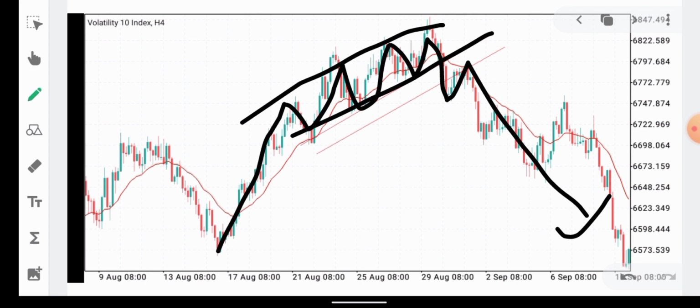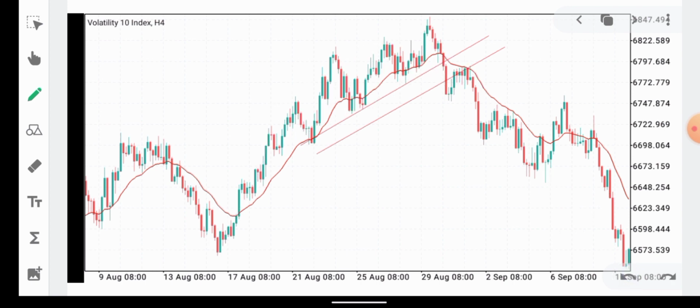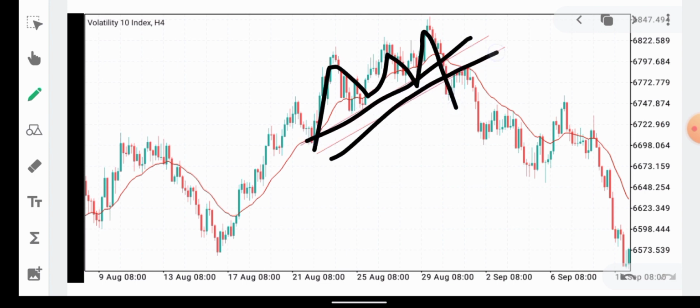So let me explain again. You can see that a consolidation happened, and as you can see, when the market broke, you can see this trend line. I put a double trend line because sometimes I use, for people that know me in the Telegram group where I give my analysis, you should know that my support and resistance I make it a zone.